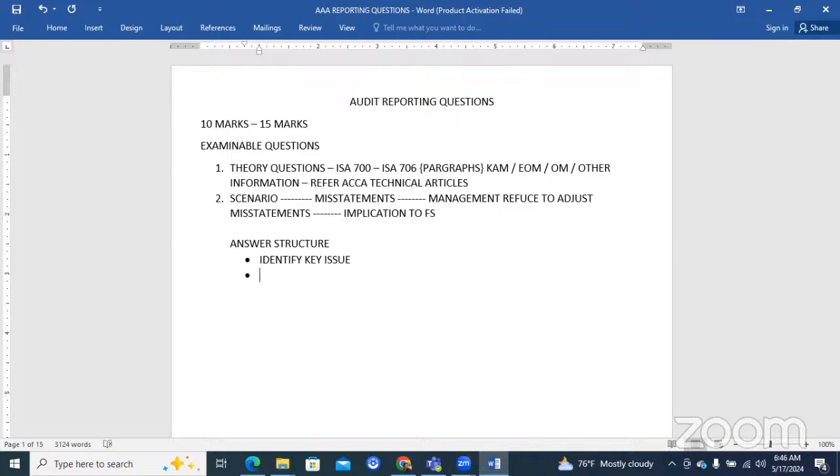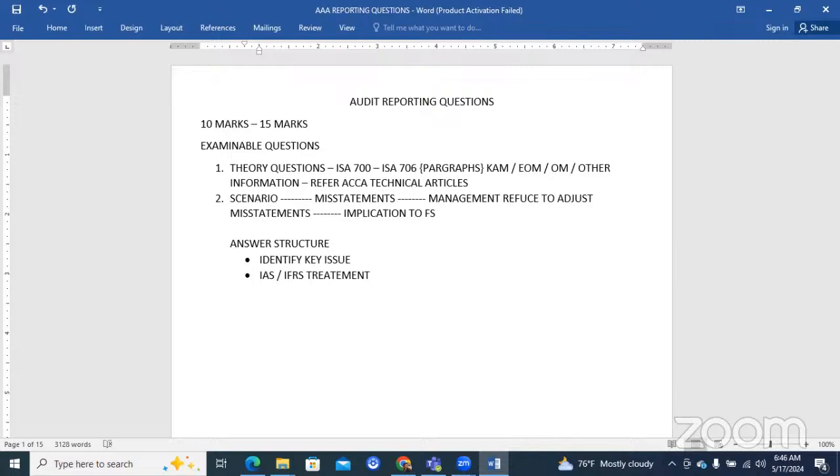After identifying that problem, students, try to explain the standard treatment. Let's say the scenario speaks about an NRV issue. Then take IAS 2, inventory standard, NRV issue.